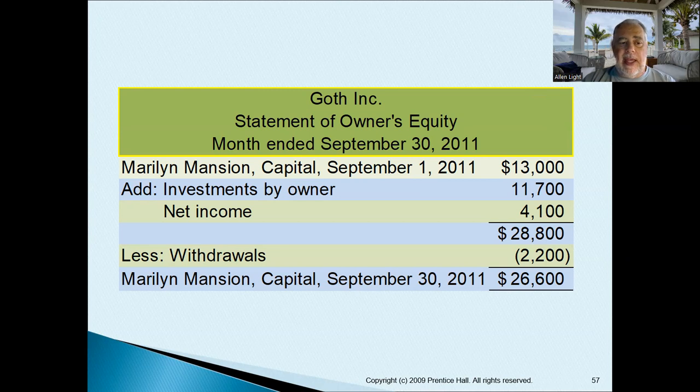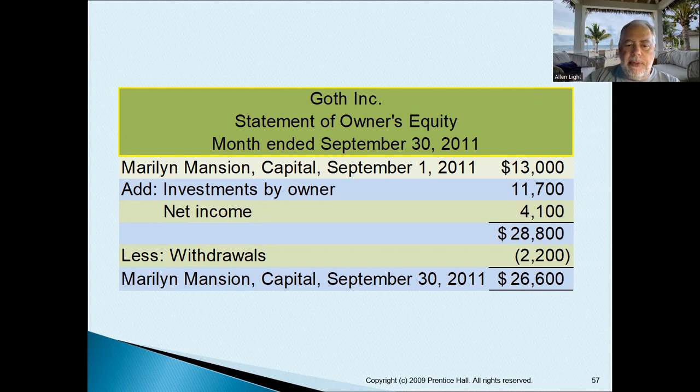So we have to subtract that. So here we go. Starting balance plus any investments by the owner plus net income minus withdrawals. My new balance is 26,600. So there's our statement of owner's equity.